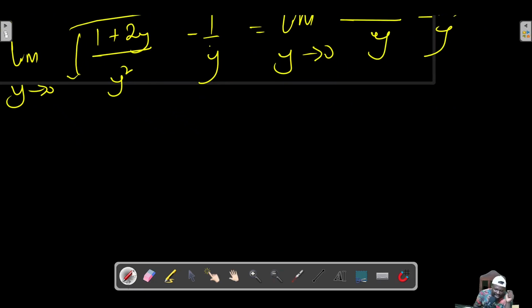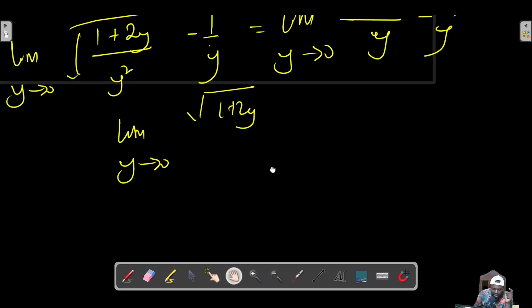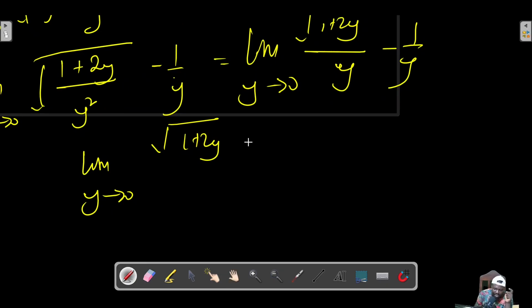Then from here I can say the limit as y approaches 0 of root of 1 plus 2y minus 1, divided by y. So from here, the job is done.